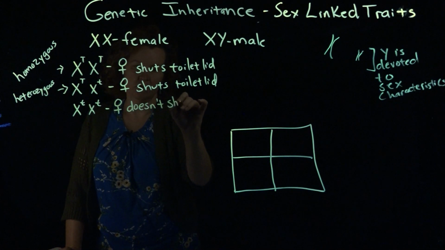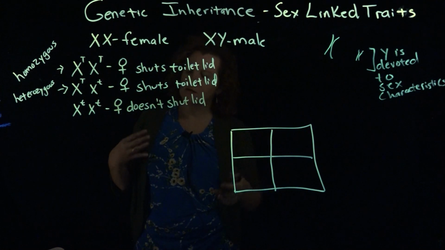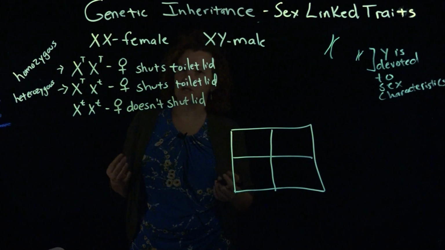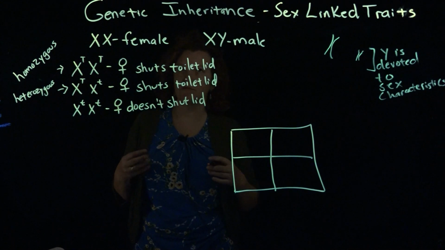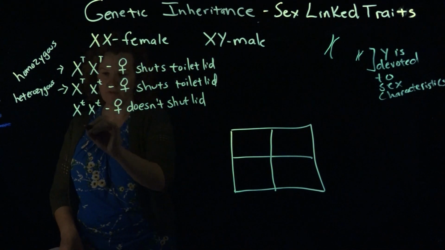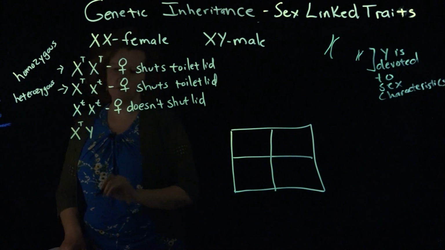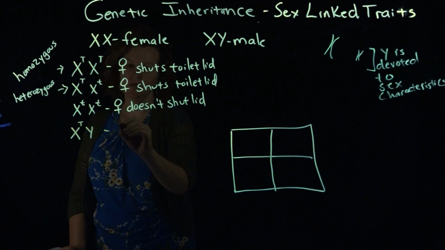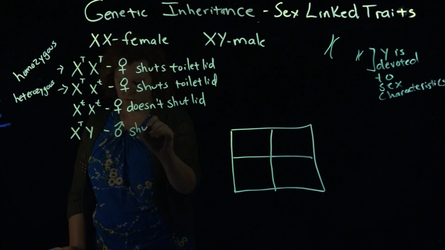Okay, so again, going back to that idea of the X chromosomes can carry additional genetic information, the Y chromosome does not. So it's almost kind of for that particular allele, a blank right there. So for the males, the combinations are only carried on the X chromosome. So you can have the dominant, so this would be a male who shuts the lid.